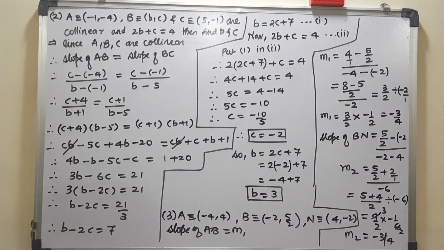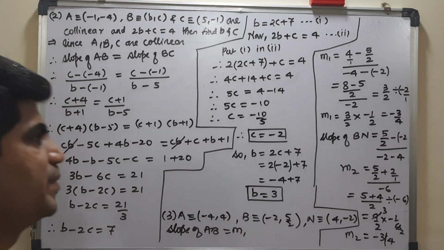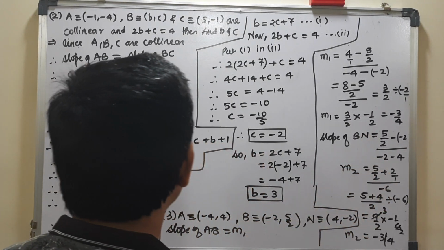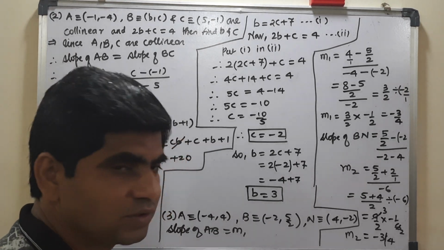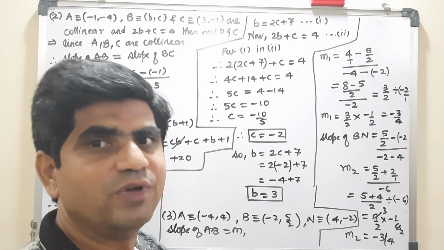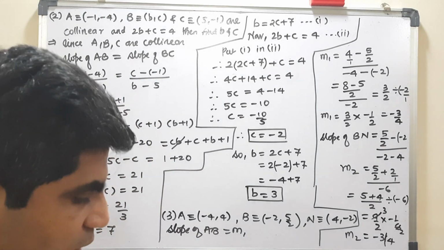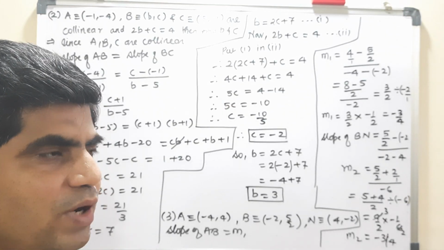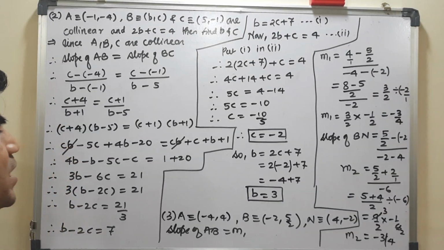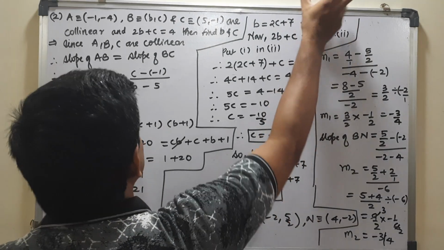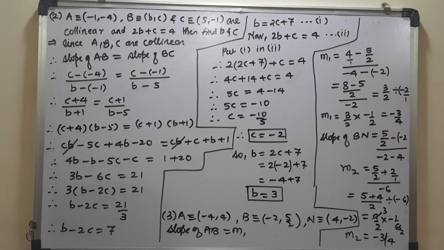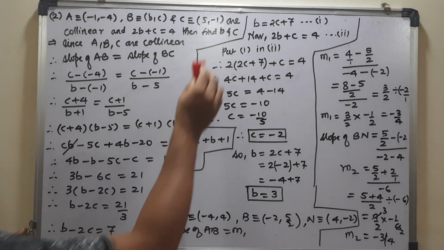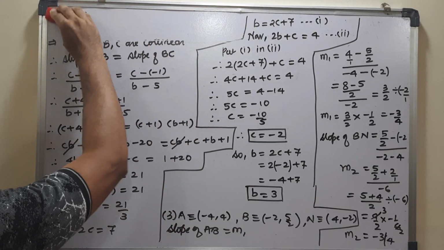So I got slope M1 as minus 3 by 4 and M2 also as minus 3 by 4. So my concluding line now will be like this: M1 is equal to M2. That means these lines are parallel. Take a snapshot first so that I can clear it. Okay, so now what does it mean?